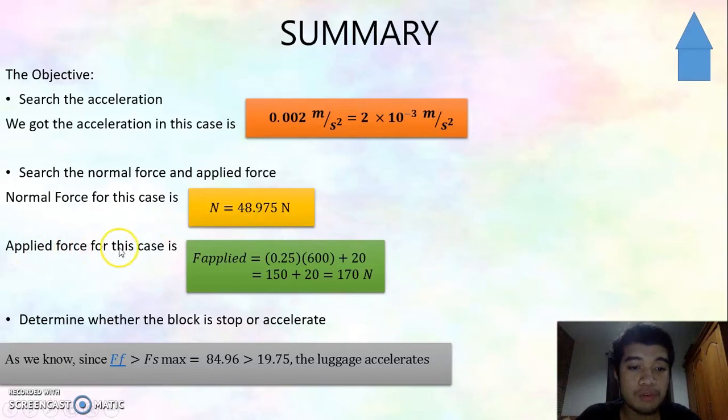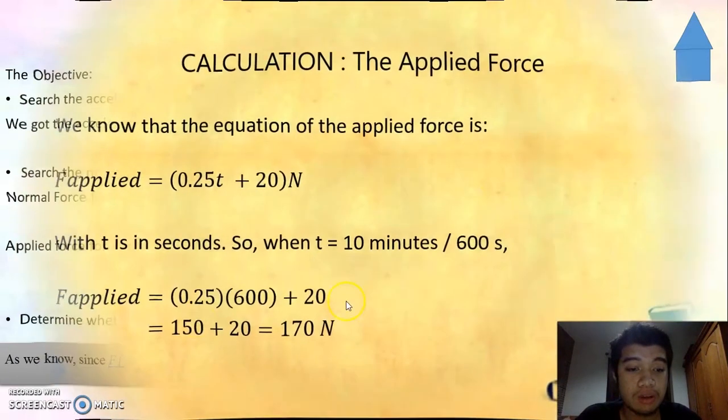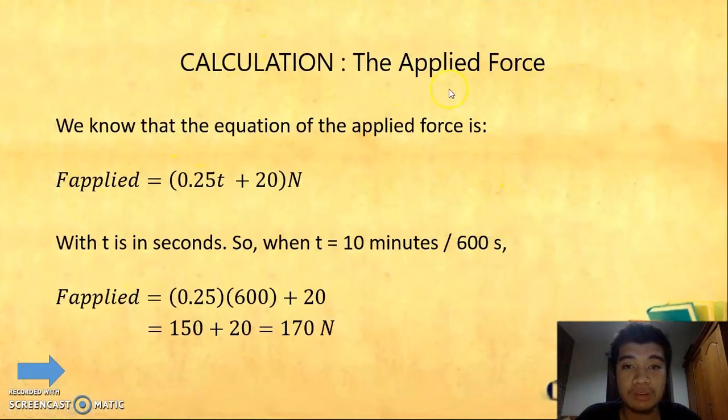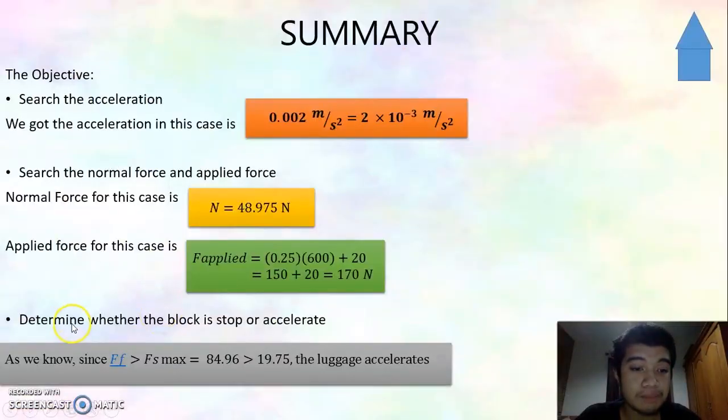Third is the applied force. For this case it is equal to 170. We got it in the first part of the calculation, which is to calculate the applied force. The last one is to determine whether the block stops or accelerates. As we know, our frictional force is bigger than the maximum static friction, 19.75, which we got from 0.4 times the normal force.